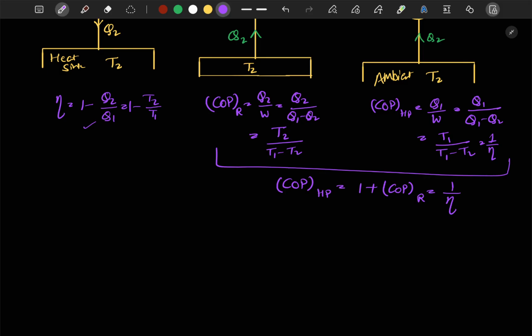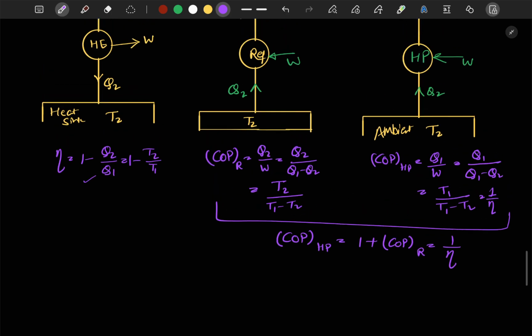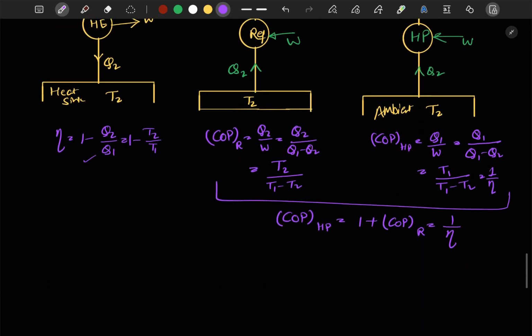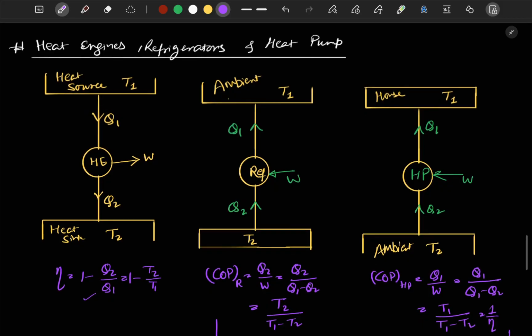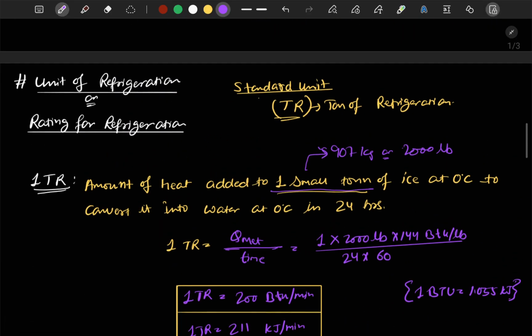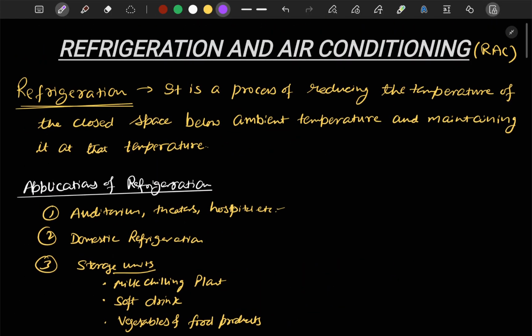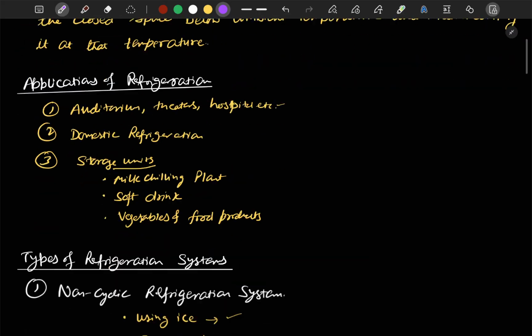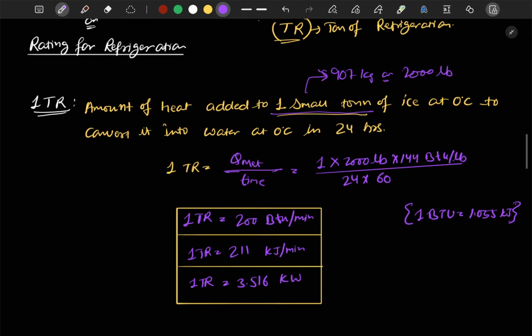We can stop this lecture here. In the next lecture we will be holding a question section for the basics of heat engine, refrigerator and heat pump, along with questions like what is the cooling capacity, refrigeration capacity.